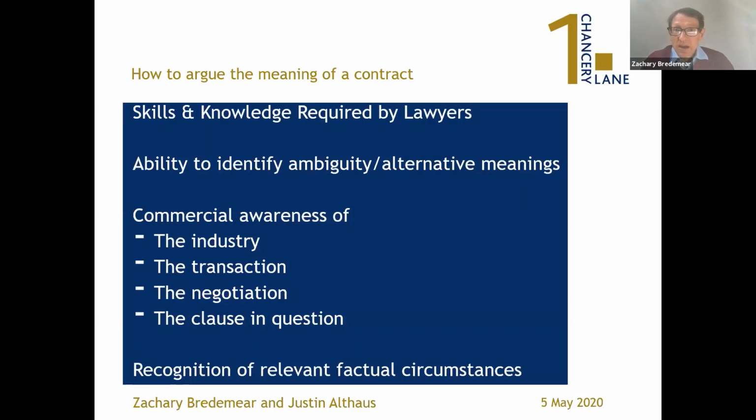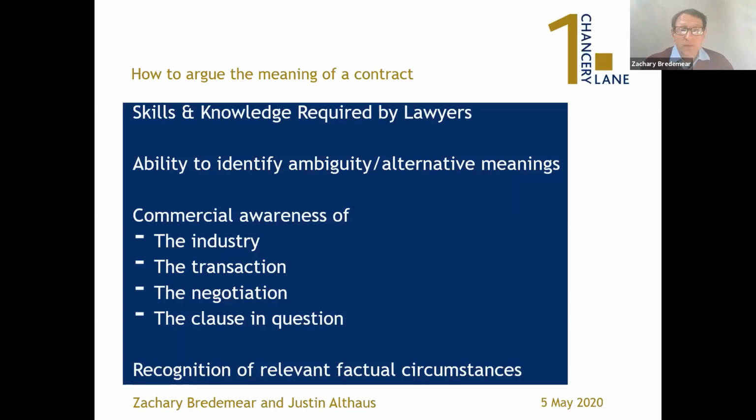And then, of course, we need to have an appreciation of what the commercial purpose of a particular clause is, the disputed words that we're looking at, what the parties are likely to be achieving through this particular bond or this particular overage provision. And then finally, we need to be able to recognise what might be relevant factual circumstances that support our construction.